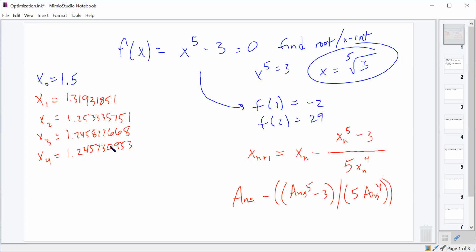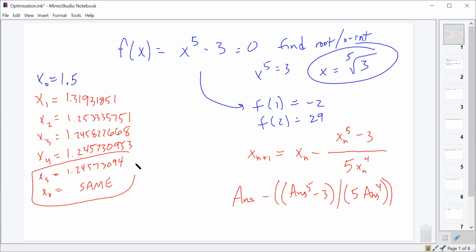All right, what about the next one? Is it going to be the same? No, 1.245. I'm getting tired of writing these down now. We better be getting close. 73094. And then the next one is the same, I hope. Yes.